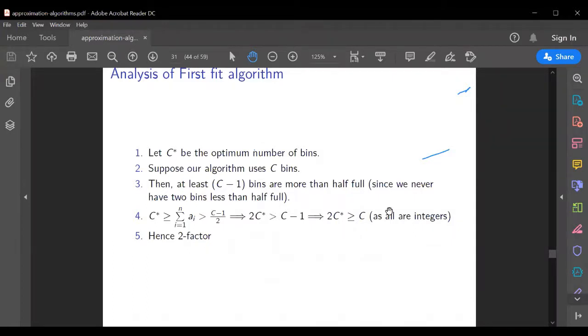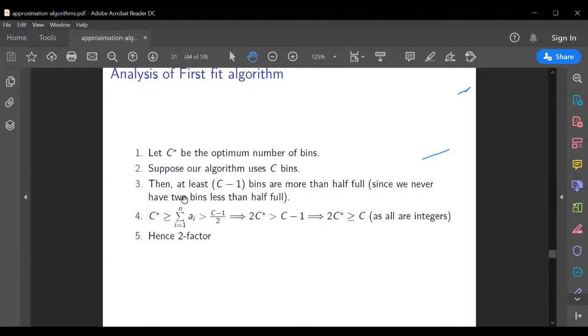Actually, I call it a two-factor algorithm. If C star is the optimum solution and our algorithm uses C bins, then at least C minus 1 bins are more than half full. So the optimum solution C star is greater than or equal to sigma AI, where AI is the weight, the total weight. It is greater than or equal to C minus 1 by 2 because the bins are only half full.